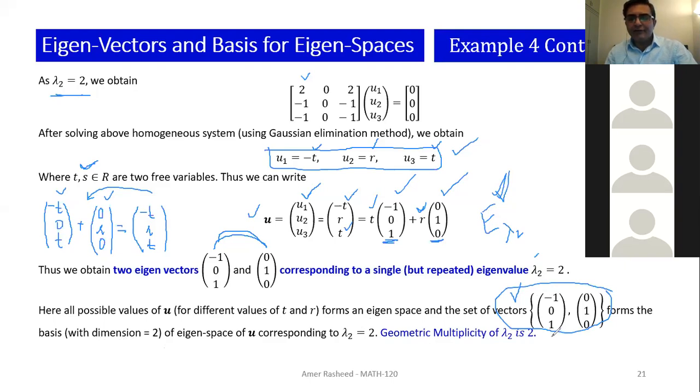The number of elements in the basis set is called the dimension of a vector space. Now how many elements does it have? 2 elements. So what will be the dimension of this eigenspace? It will be 2. So dimension is the number of elements in the basis set of a vector space. That we call the dimension of that vector space.